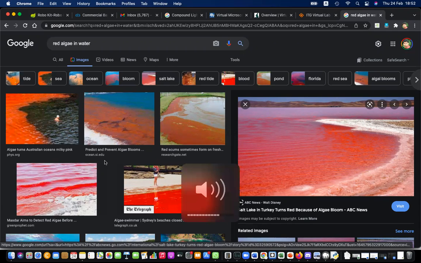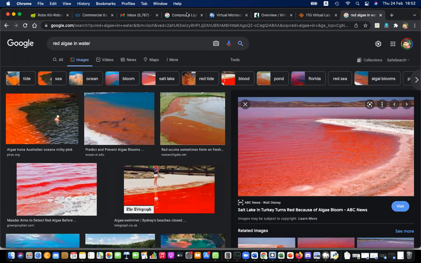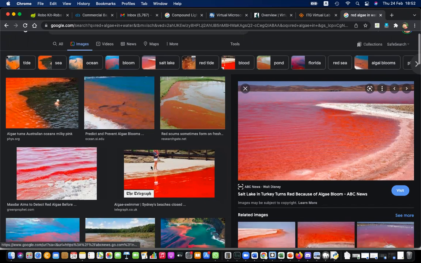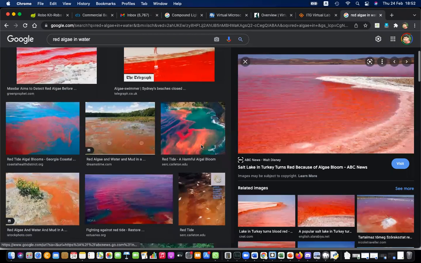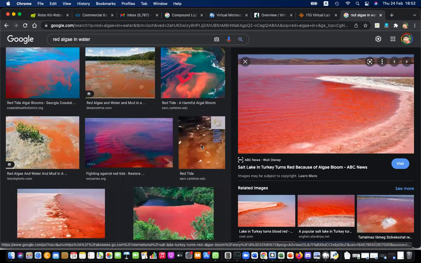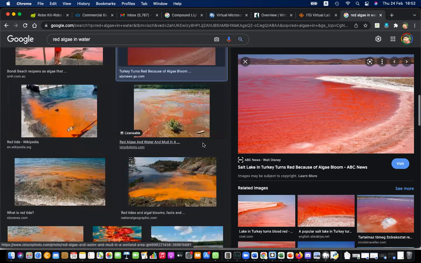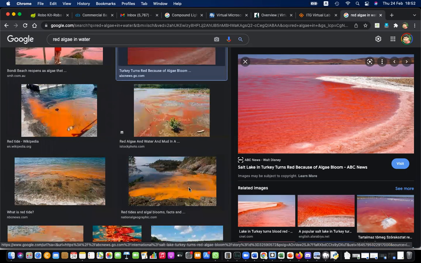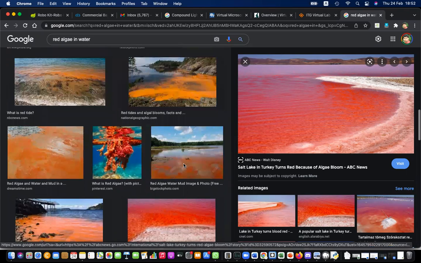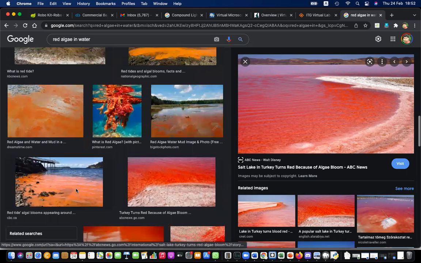It looks like pink milk, yes. So it is in seawater. There are some oceans affected by this red algae. And this is also red algae, but you can see it's a different color. So this is red algae again in the ocean.